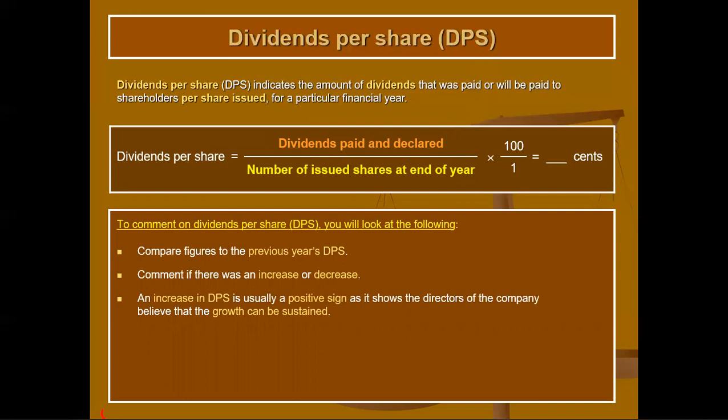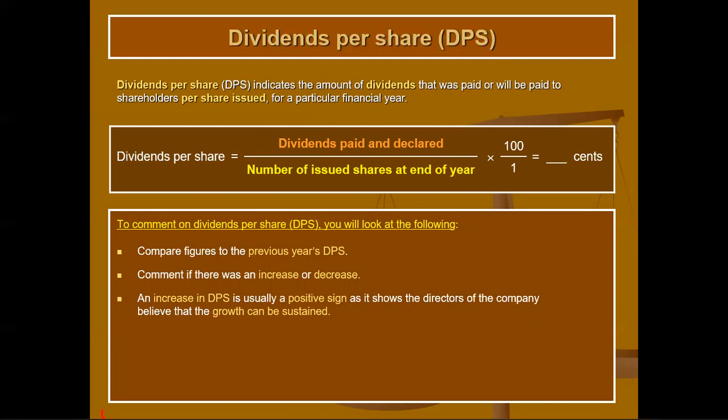Okay, so a lot of businesses, even though they don't have cash, will declare dividends just to make sure that the share price is increased, because when your dividends increase, it indicates two things. It indicates that the company has money. So there is cash flow. Without cash flow, you cannot declare or pay dividends.